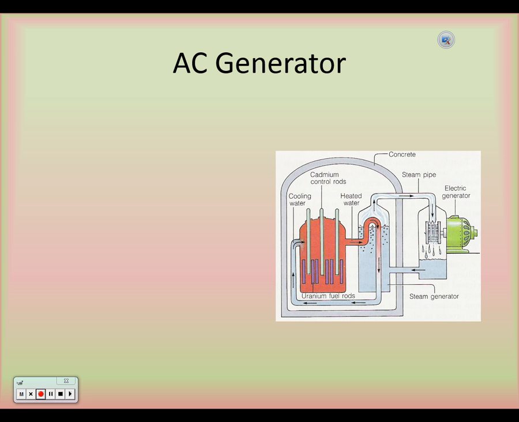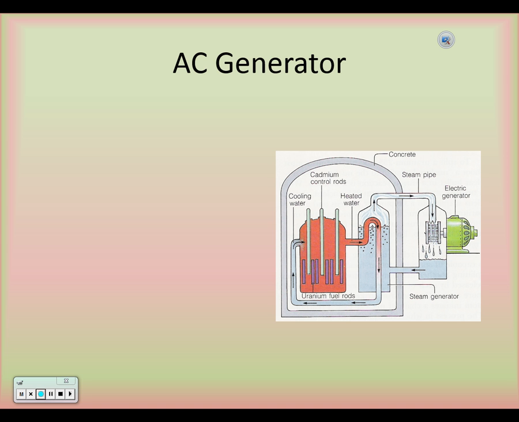It's actually several coils of wire. Those coils of wire are attached to this piece right here, which is called a turbine. But really, a turbine is just a fancy name for a fan. If the fan turns, it turns the coil of wire inside the generator.